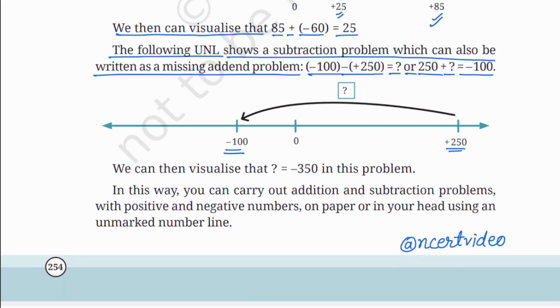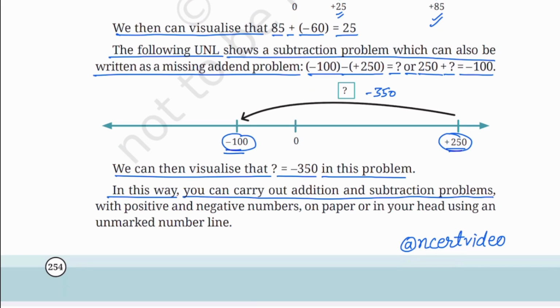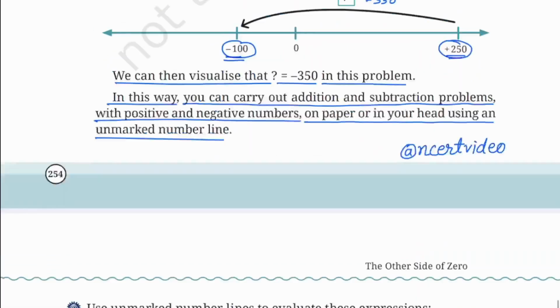The gap between the two is 350. We can then visualize that question mark is equal to minus 350 in this problem. In this way, you can carry out addition and subtraction problems with positive and negative numbers on paper or in your head using an unmarked number line.